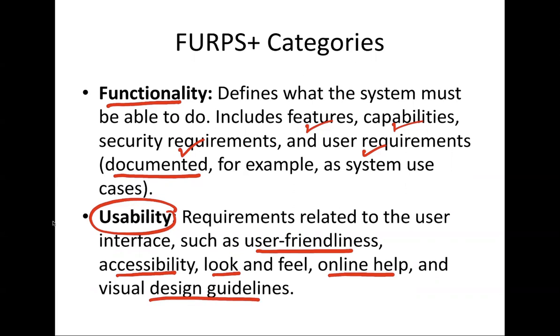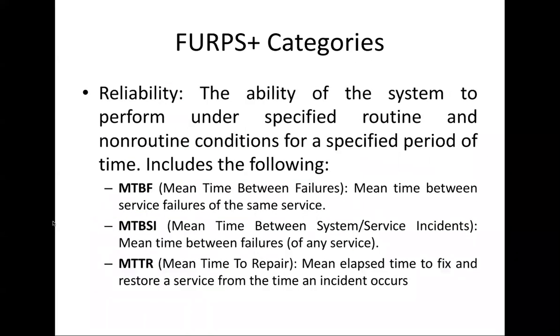In addition to those categories underneath the FURPS model, we have to find those requirements that are related to reliability. Here, we are looking at the ability of the system to perform under specific routine and non-routine conditions, and within a specific period of time. You're looking for requirements mainly related to the mean time between failures, the mean time between system incidents, or the mean time to repair.